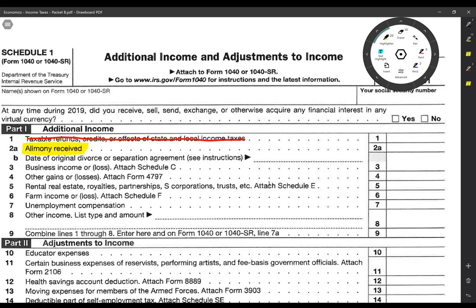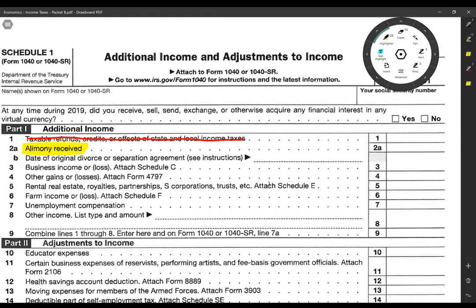What that means for taxes is spouse one is paying spouse two. So should spouse one pay taxes on that income that they're not getting themselves, but giving to spouse two? The tax code says no. If you're spouse two and you receive alimony, that counts as income that you're going to have to pay taxes on.